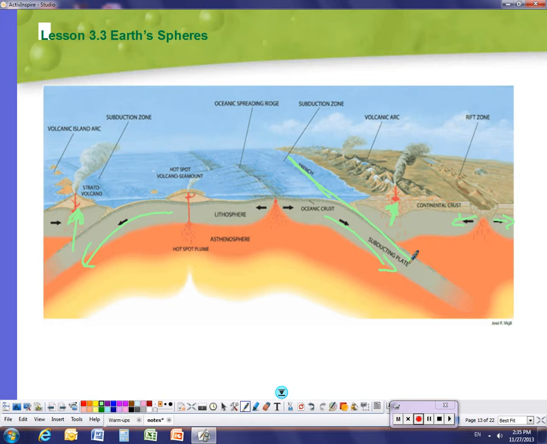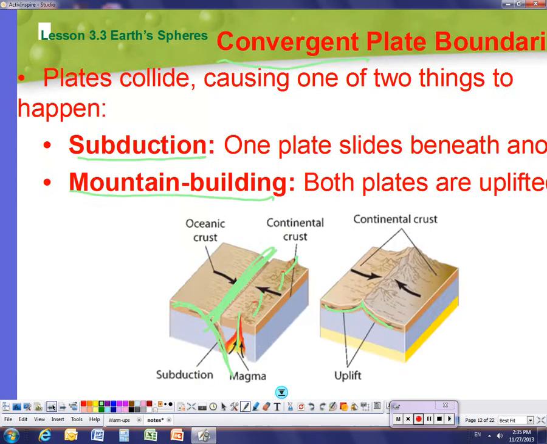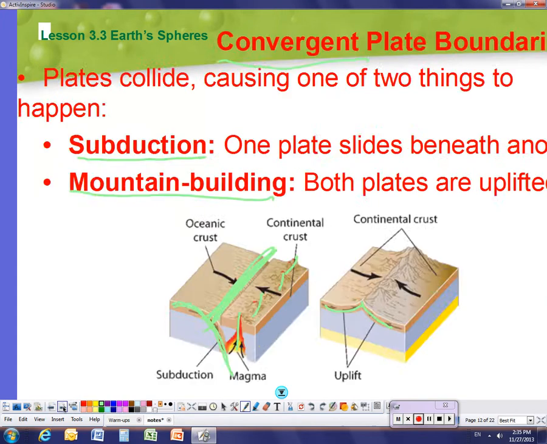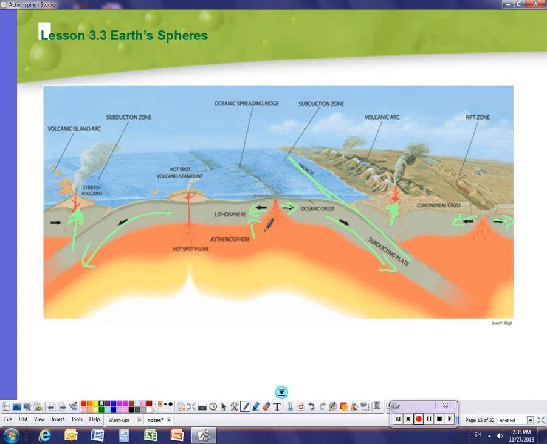And then you also have the divergent. I don't see convergent. They're not showing it.